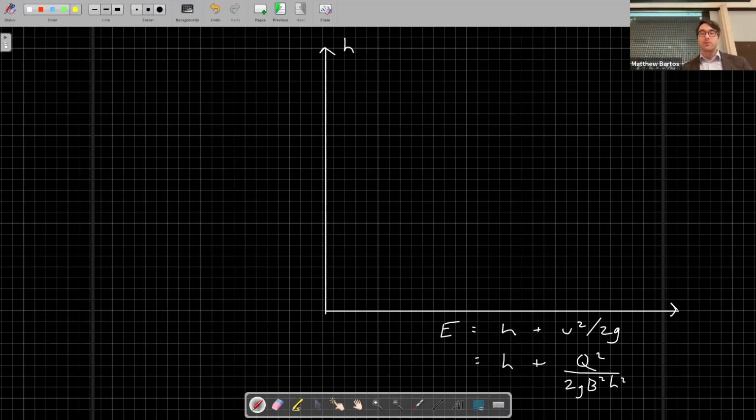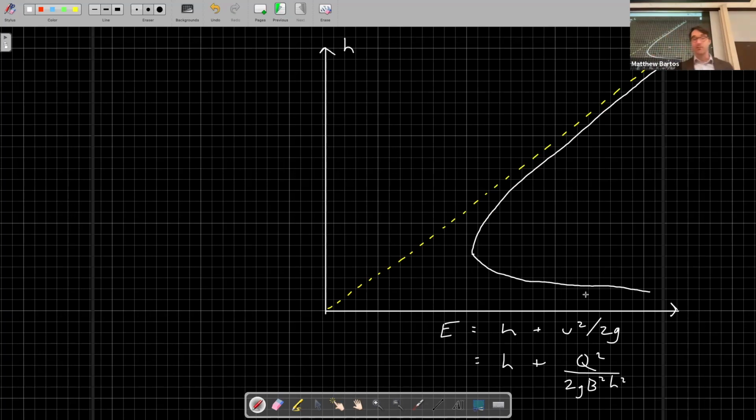So let's go ahead and draw our specific energy curve. I'm going to draw a diagonal line here corresponding to specific energy being equal to H. And then let's draw our specific energy curve. It's going to look something like this. Okay, it attains its minimum point, which corresponds to critical depth. Very good. Okay.